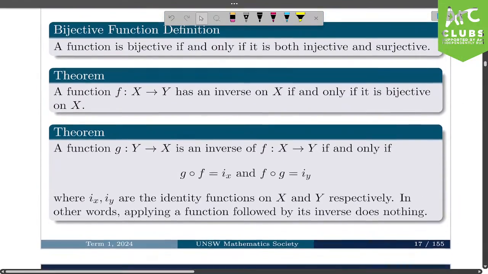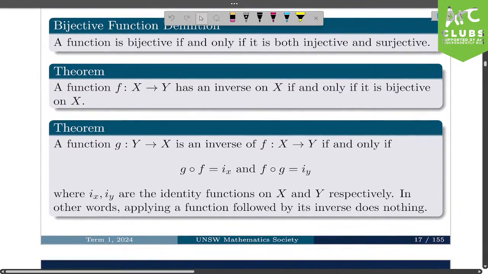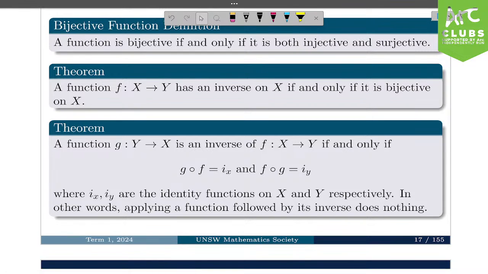And finally, another theorem. Our function g from y to x is an inverse of f, which is from x to y, if and only if g compose f, so g of f, is the identity function on the set x, and f of g is the identity function on the set y.